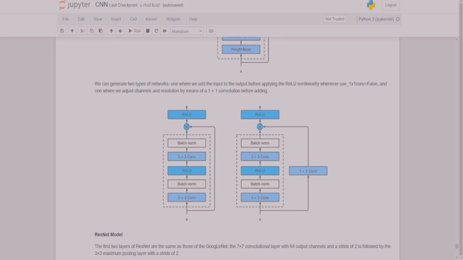That's the first option. The second option is that when you take x directly, you pass it through a convolution. So two options, and we can use whichever we want. That is the fundamental block of the ResNet.